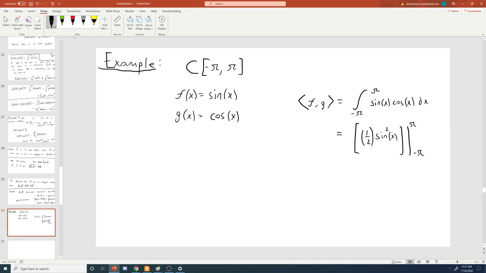But this, of course, is simply 0. So, with respect to the inner product, f and g are orthogonal.